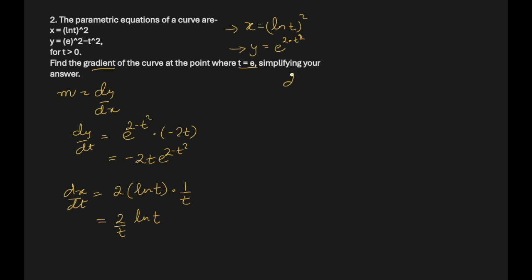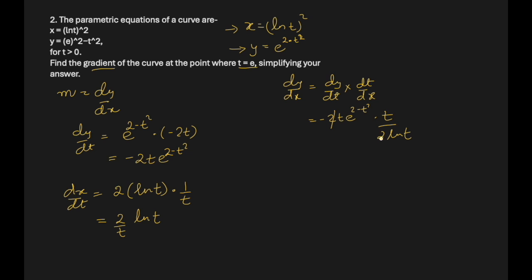Now I want to find dy over dx, which can be written as dy over dt multiplied by dt over dx. dy over dt is known to us, minus 2t e to the power 2 minus t square, multiplied by dt over dx. We have dx over dt here, that means the reciprocal of this, which will be t in the numerator over 2 ln t in the denominator. Can we cancel something?